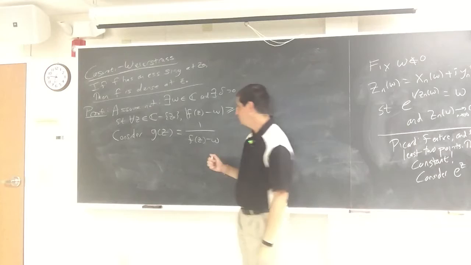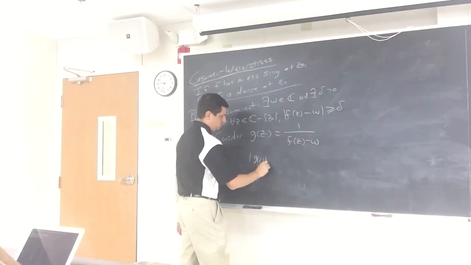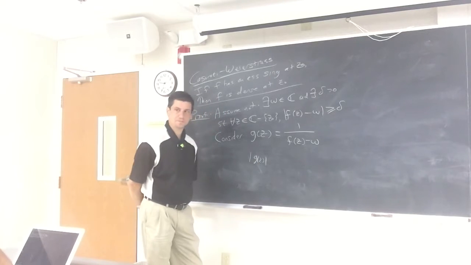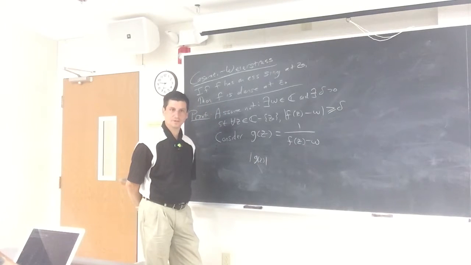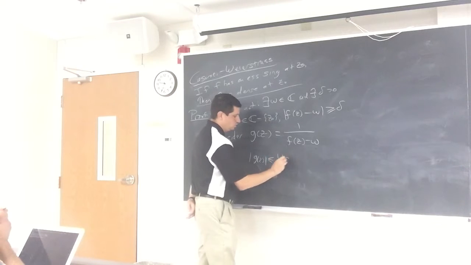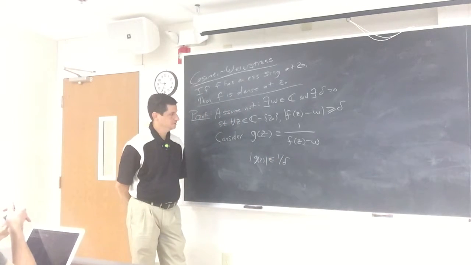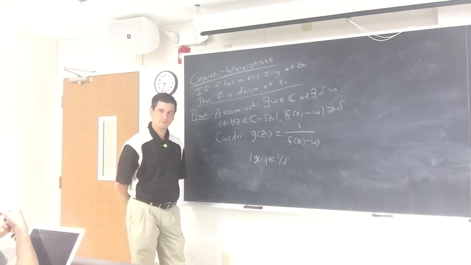So what do we know about the absolute value of g of z? It's less than or equal to 1 over delta. So g is bounded.